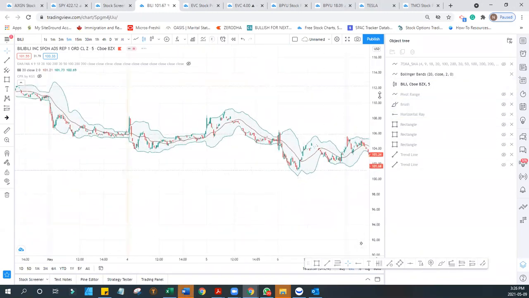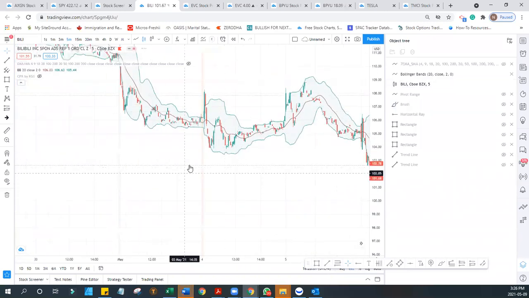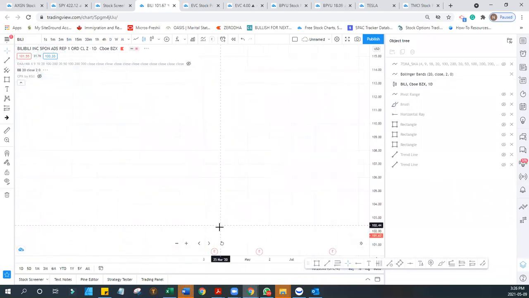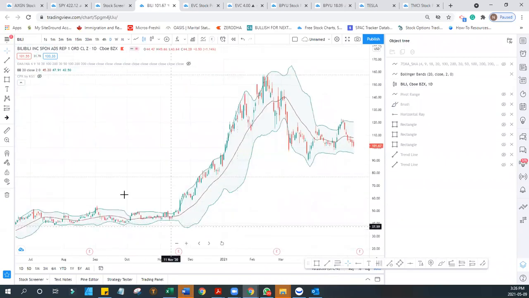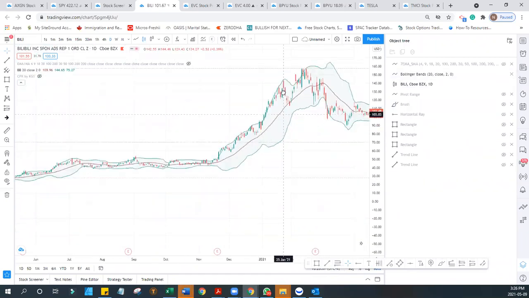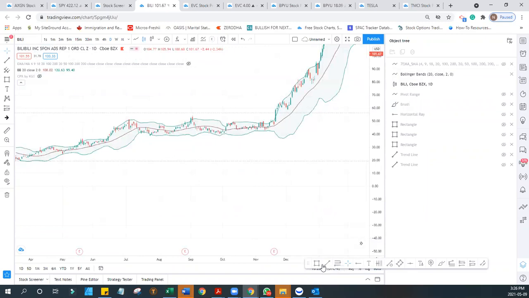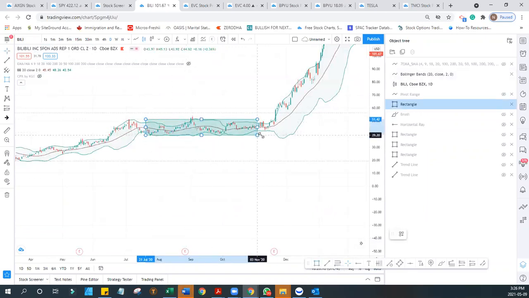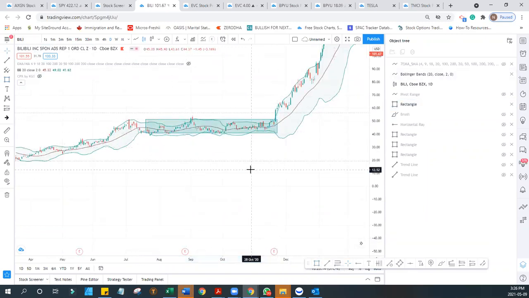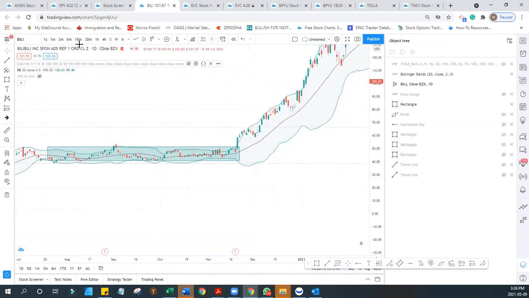For example, on a daily chart, if you see here, price is range bound. Whenever the price is range bound, specifically on the daily time frame, and the price is above the 20 SMA, there is a high chance that price is going to go upwards, breaking the trend line.